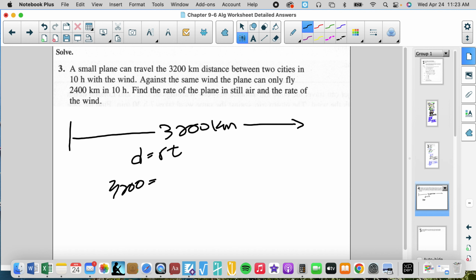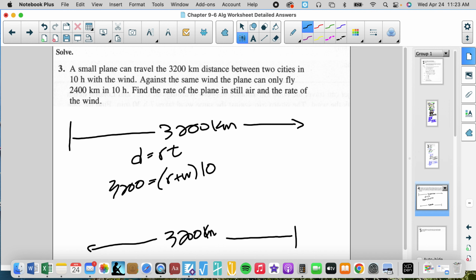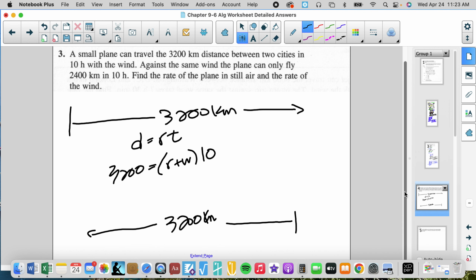Distance equals, we don't know the rate, but it's with the wind. We do know the time is 10 hours. So we start seeing the similarities between each of these problems. So we're good like that. Against the same wind, can only fly 20. Oh my, okay.